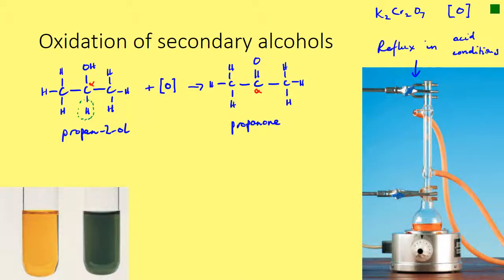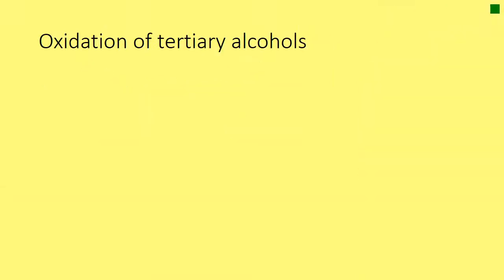I'll leave you to count the oxidation numbers of the alpha carbons in both cases if you want to confirm that oxidations happened there. Otherwise, let's move on to tertiary alcohols. All right, so oxidation of tertiary alcohols, we can deal with this quickly because let's just draw a tertiary alcohol. And let's draw tert-butanol.